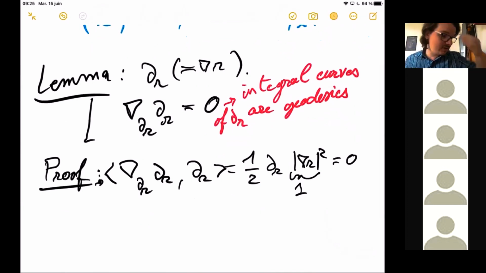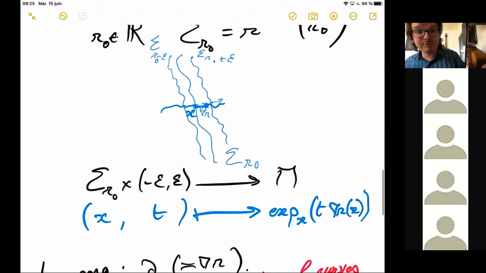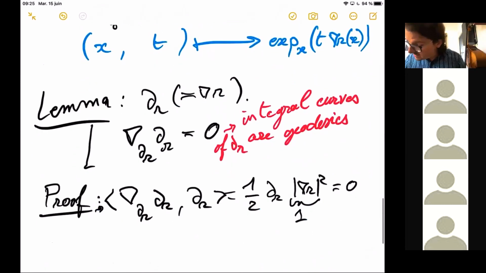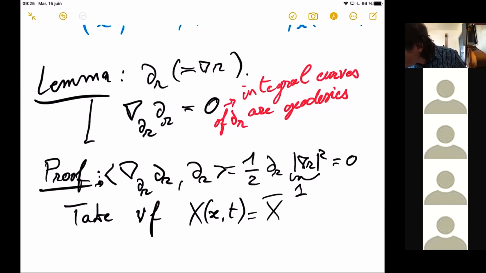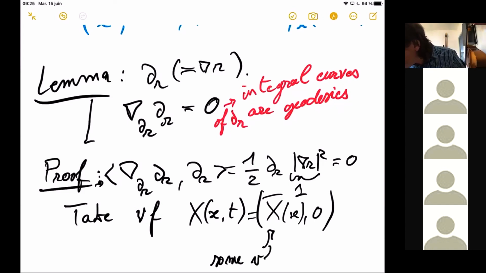And so we need to see what's going on in the other direction, in the direction of my hypersurfaces sigma. And so we will take vector fields of the form X of x, t equal to X bar of x, 0, where this is some vector field, any vector field on sigma r naught.